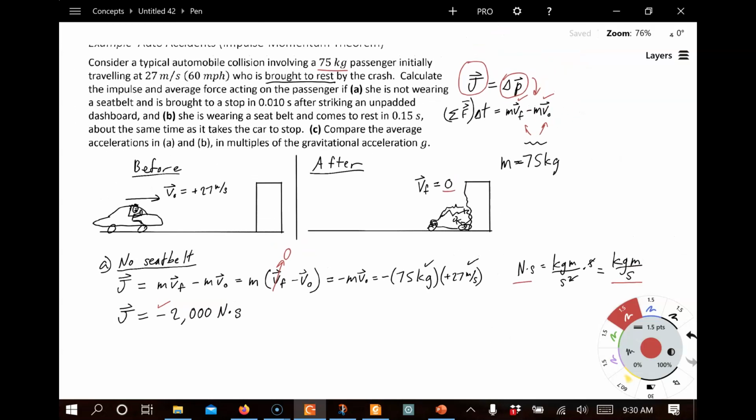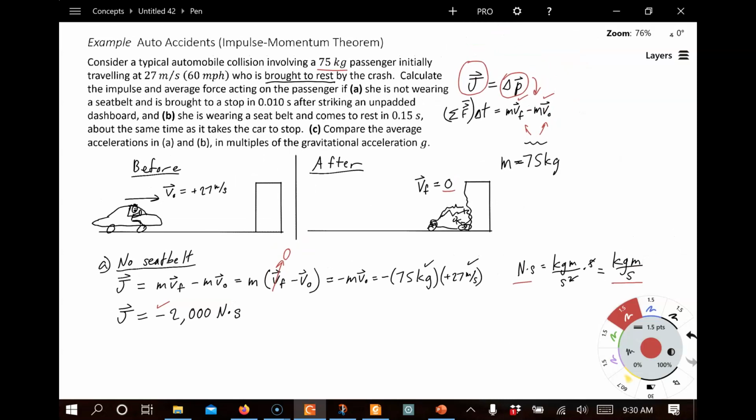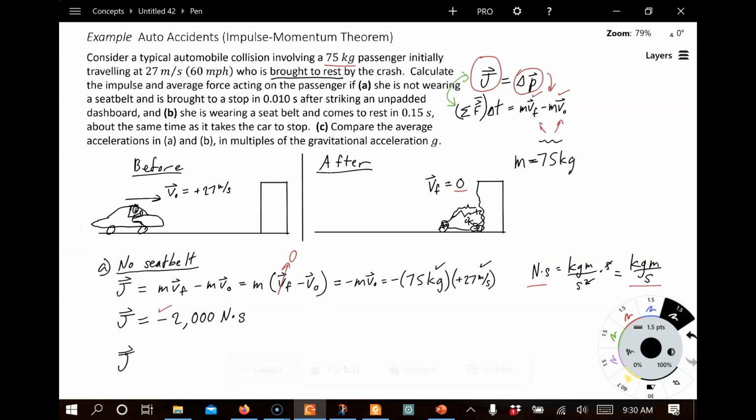So if we consider the equation again here, notice that we can relate impulse directly with average force. If I write this, I can say the impulse is by definition equal to the average net force times the time interval.